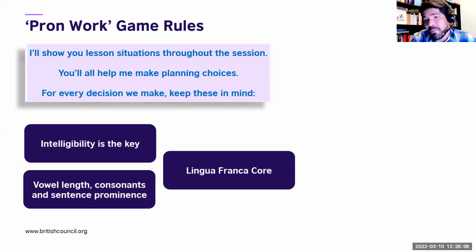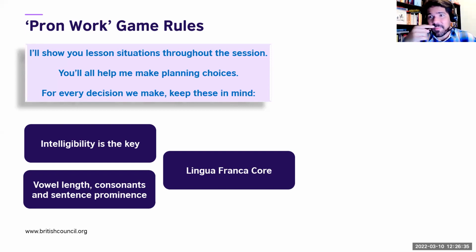According to the Lingua Franca Core, I'm sure many of you know, some features are more important. Some pronunciation features are more important for international intelligibility. Should we ignore the other features? Not really. Lingua Franca Core is just a list of priorities, pronunciation priorities, and these are some of those priorities.